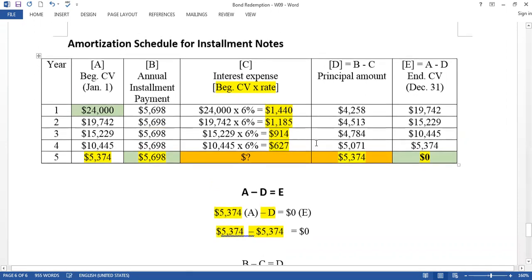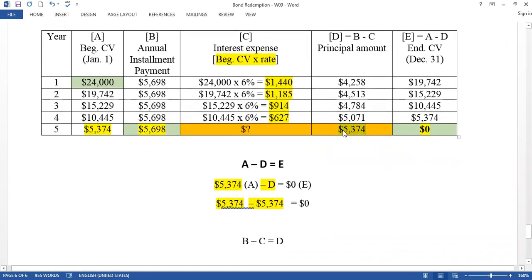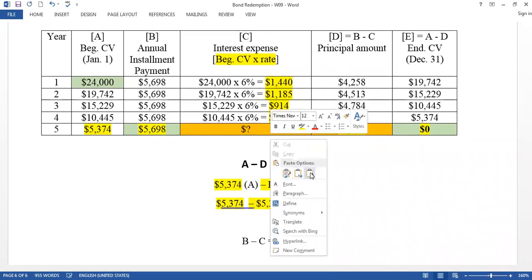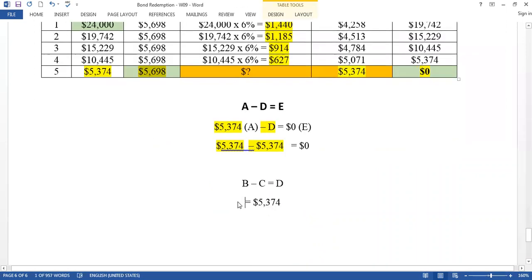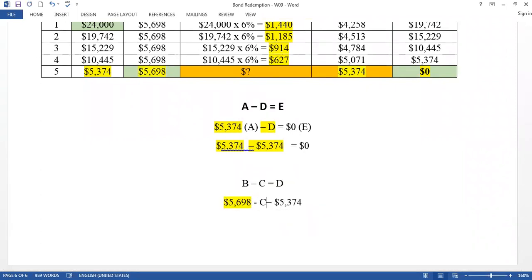Now we know the amount of D. We know D, and we know B, but we don't know C. So B minus C equal D. What is C equal?